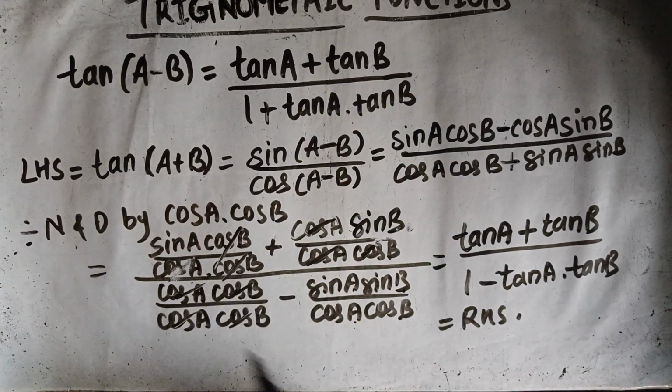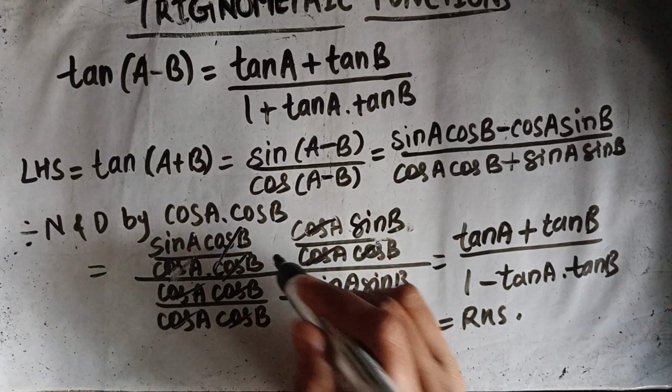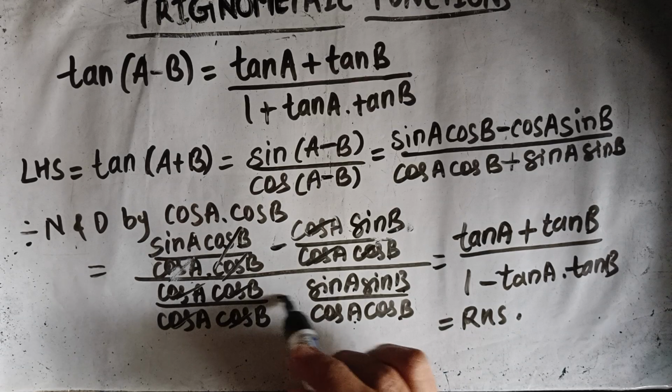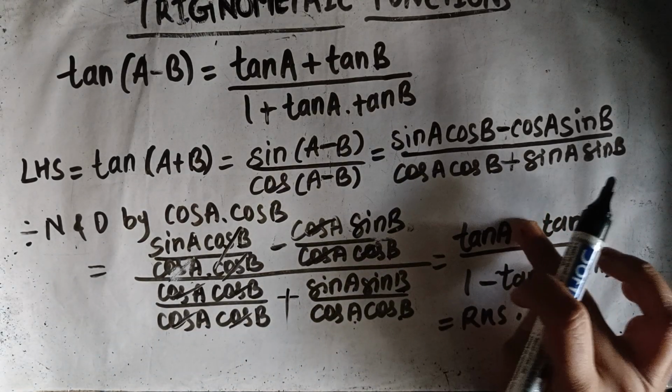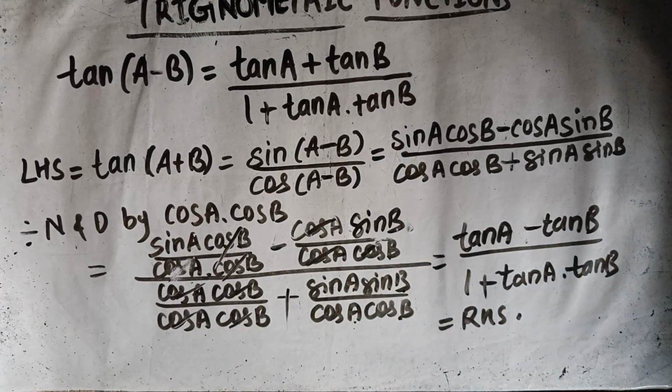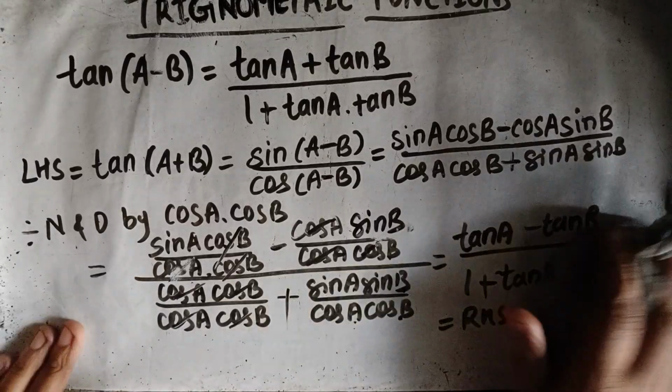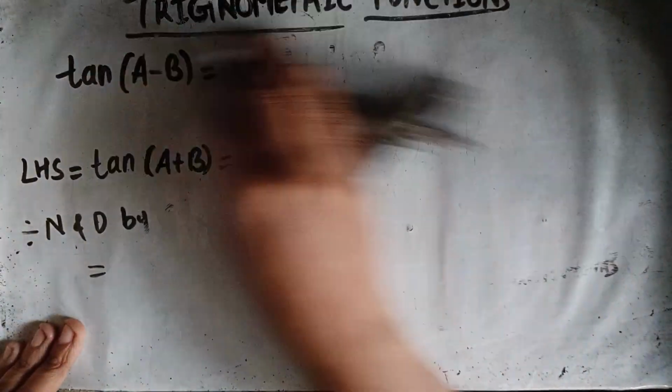Same way you have to divide, so it will be minus, plus. Same way, get the result for cot(A+B) and cot(A−B).